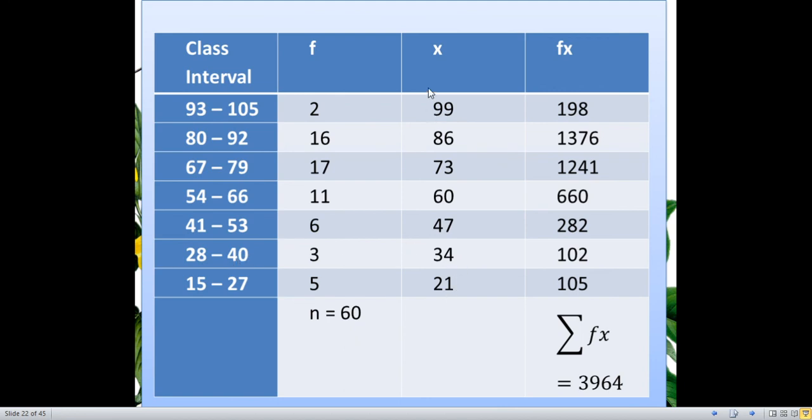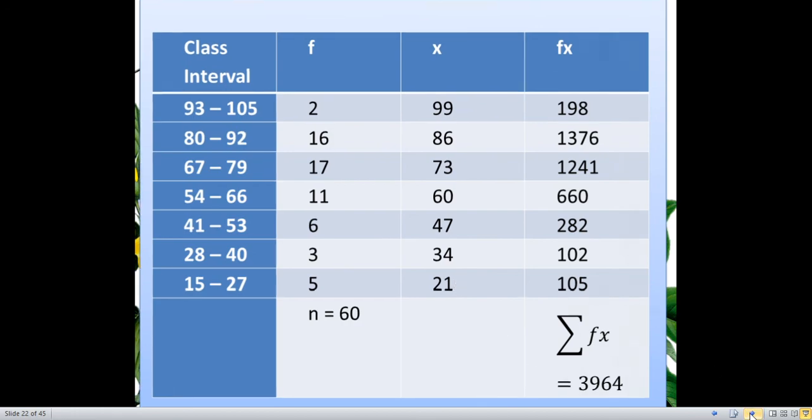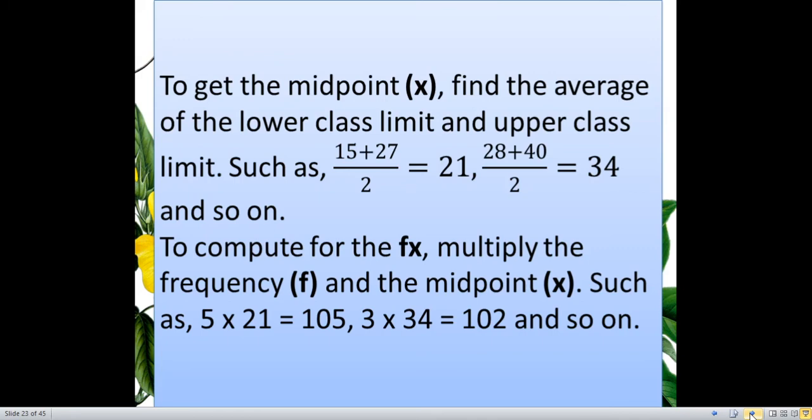The same goes for the others. And I already explained the result for the fx. That is the multiplication of the frequency and the middle value.